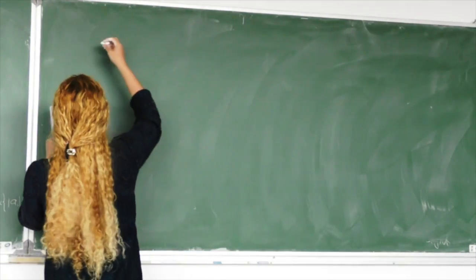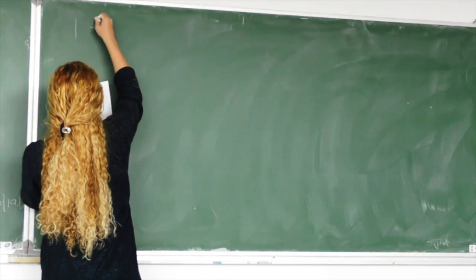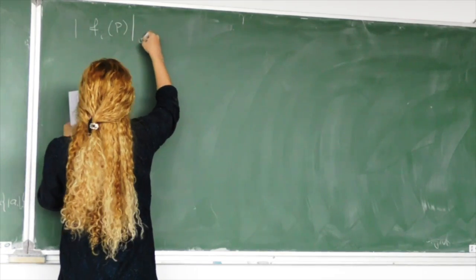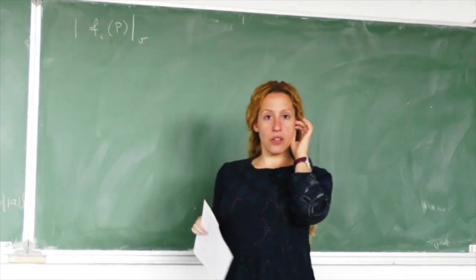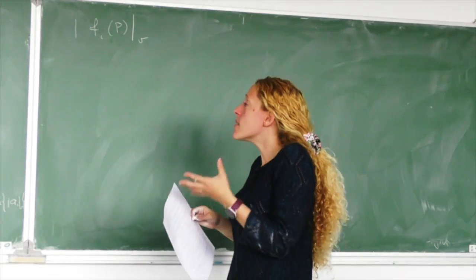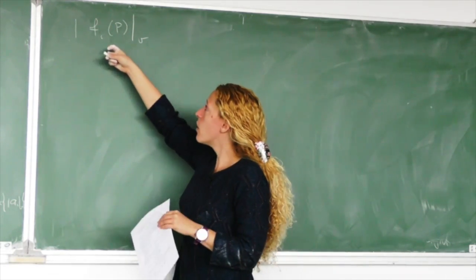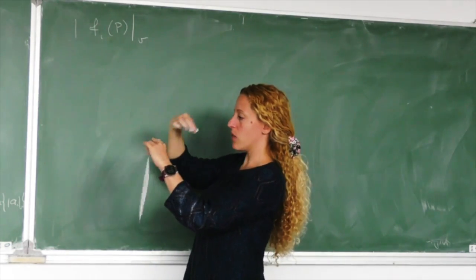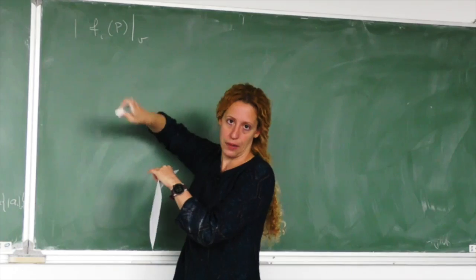Okay, so let's start with the following observation. We want to relate the height of the image of the point with the height of the point. So I'm going to start by looking at the height of the coordinates. If I take P, the image of P is made of coordinates given by this F_i.